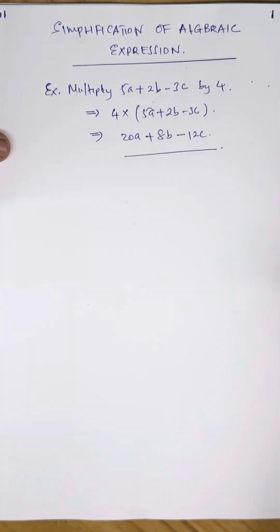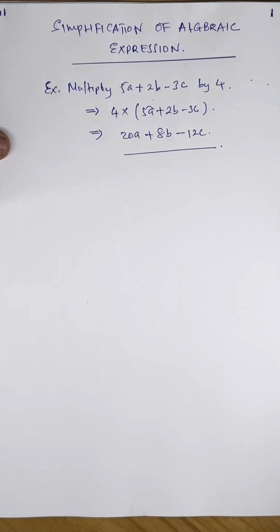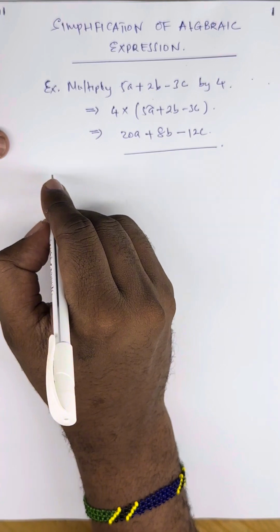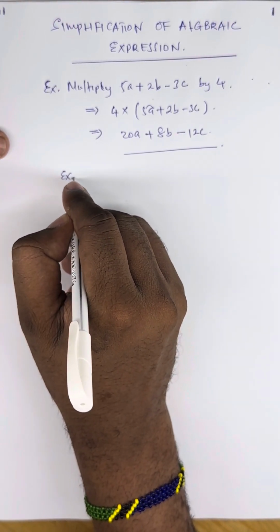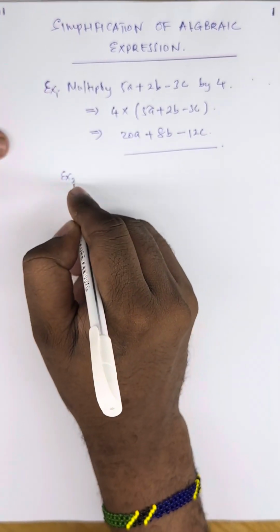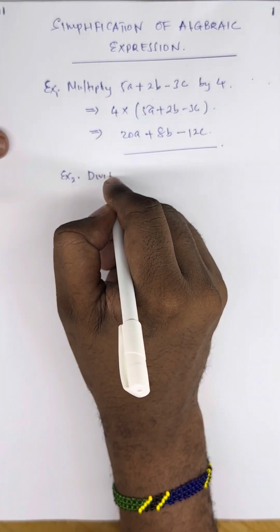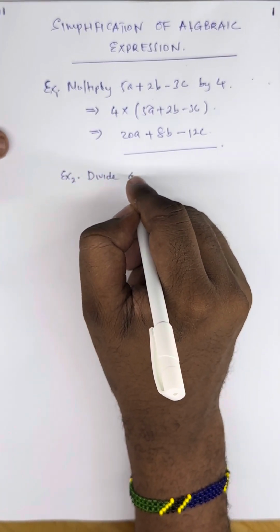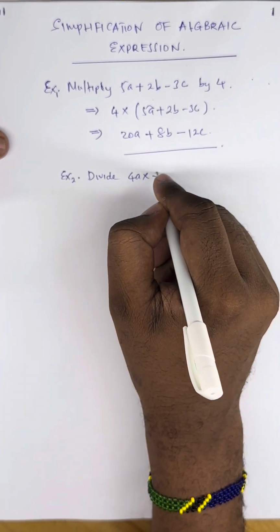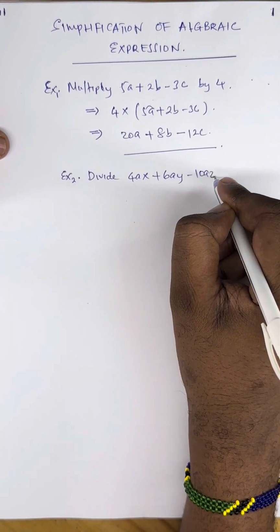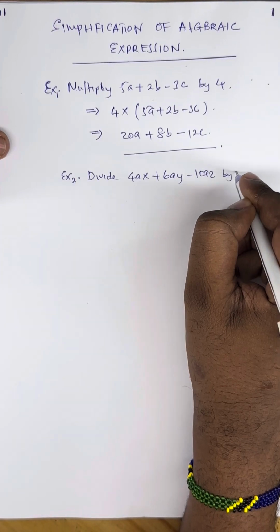Okay, let's look at more examples. We have looked at multiply in example 1. In example 2, let's say you have been told to divide 4ax plus 6ay minus 10az by 2a.